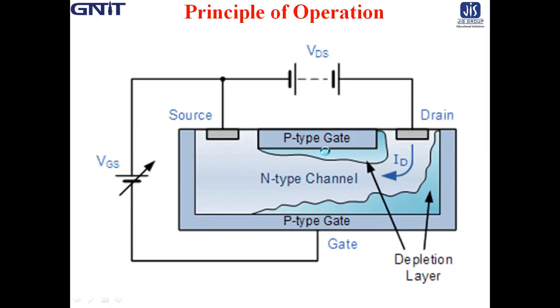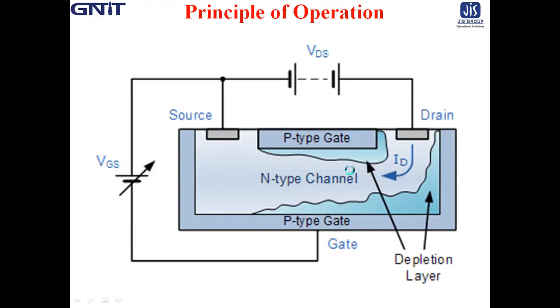The conductivity of the depletion region is 0. If the gate to source voltage be 0, that is VGS is equal to 0, then the depletion layer is basically uniform and symmetrical about the junction.